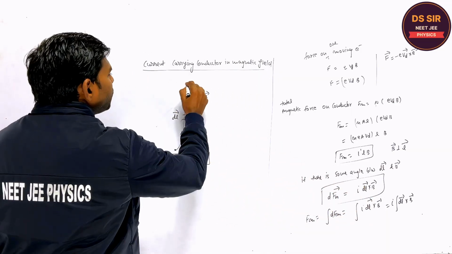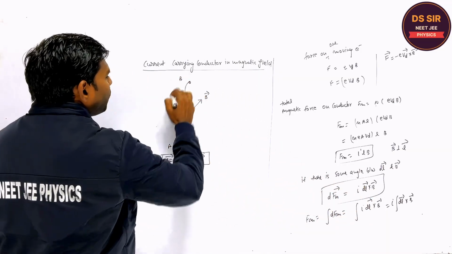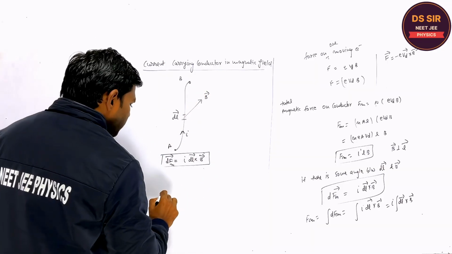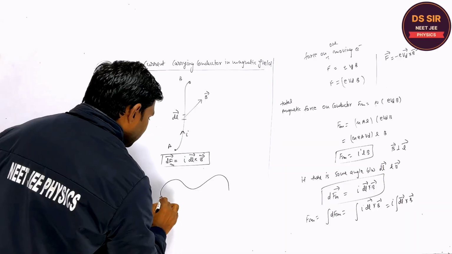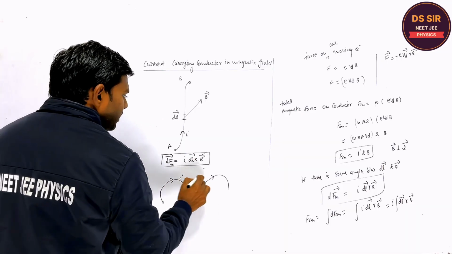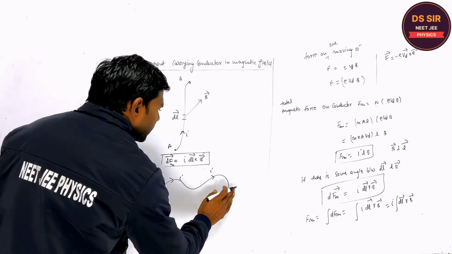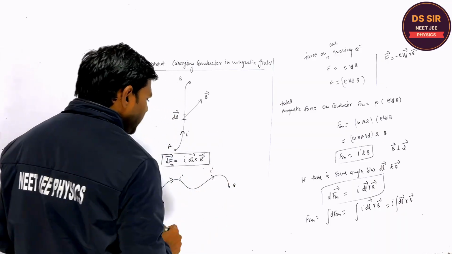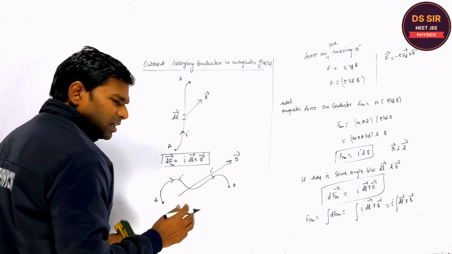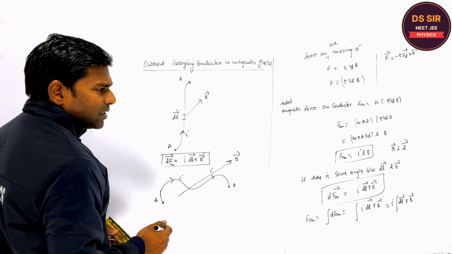But if you want to find the net force on this wire, suppose this is the wire, like this. The current on this wire is I, and this is the point A, and this is the point B. And the magnetic field is present like this somewhere. The direction of the magnetic field may be anything.